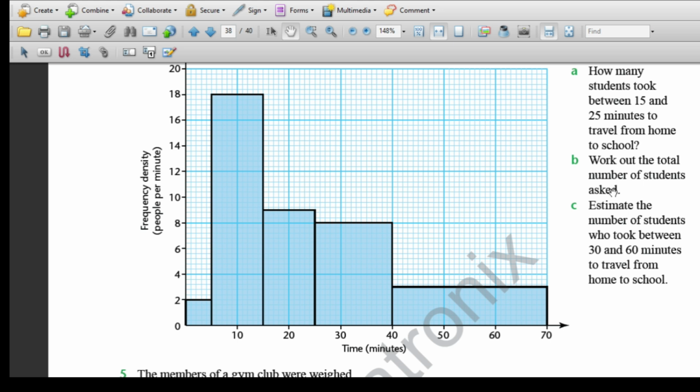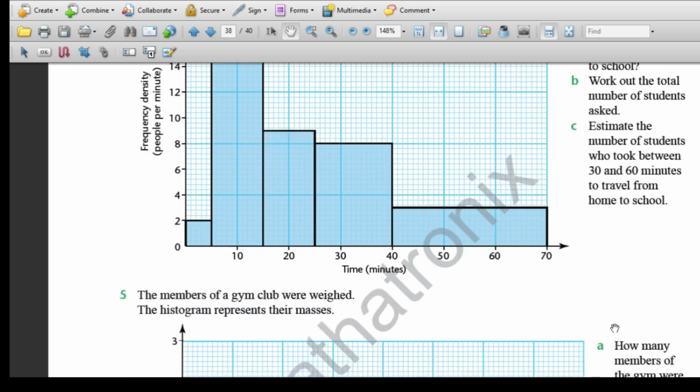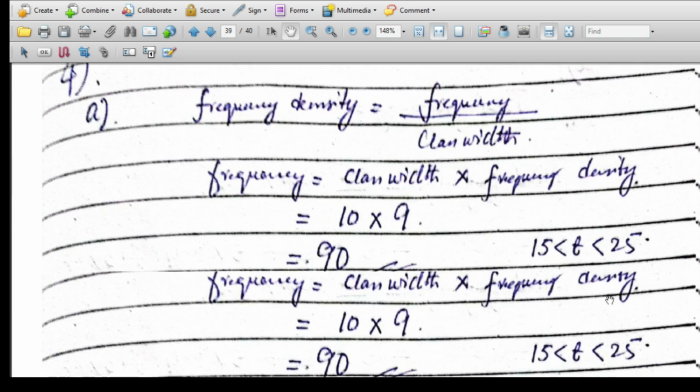Total number of students asked means the total frequency. So we multiply the class width with the frequency density, for each band. So we will get this.